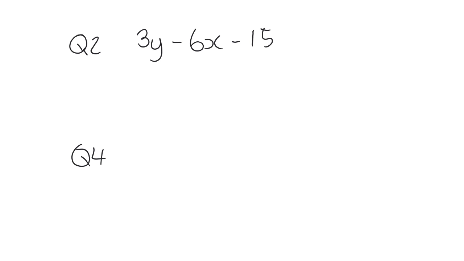It did occur to me it is worthwhile having a look at the actual equations that we mentioned that are parallel. In question 2, the equation was given to you in the form 3y minus 6x minus 15, and in question 4, it was given to you in the form 2y minus 4x plus 7.